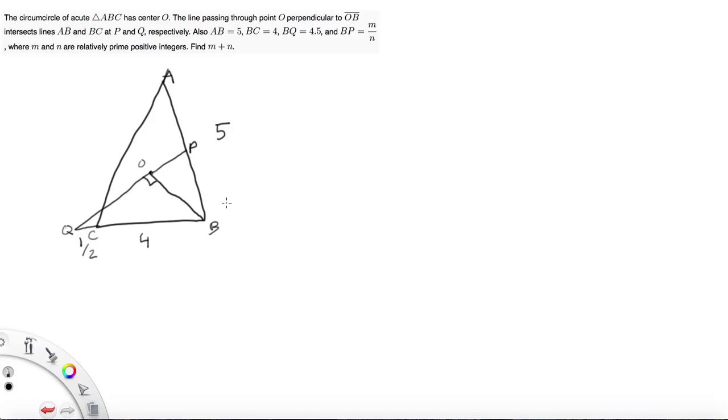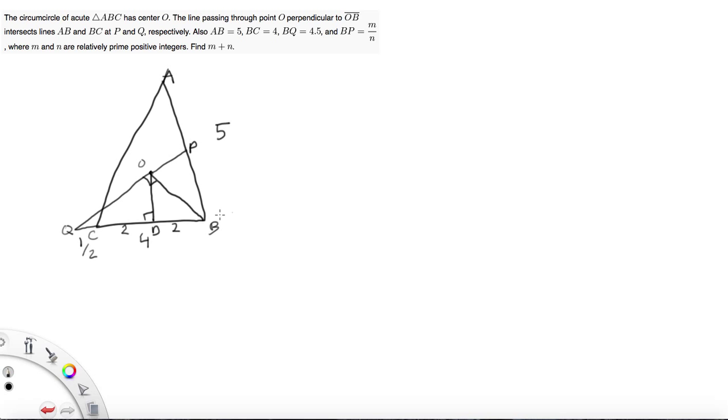So the perpendicular bisectors will be concurrent at point O. I'm going to draw in one of those perpendicular bisectors and we'll work from there. Let's call this point D. If it's a bisector, then BD and DC are equal, so it's 2 and 2, because 2 is half of 4.